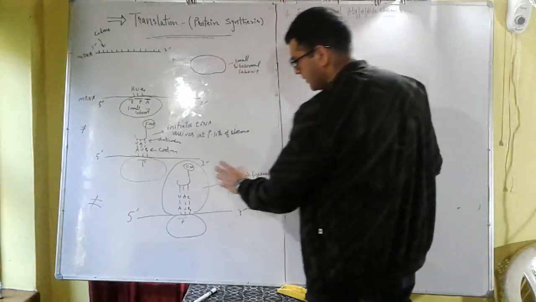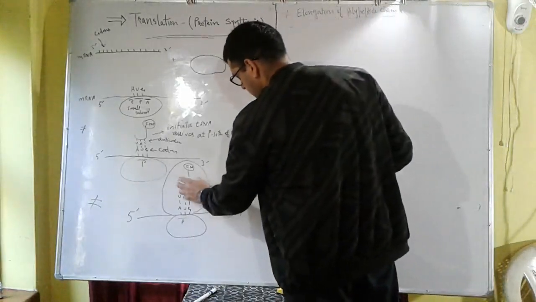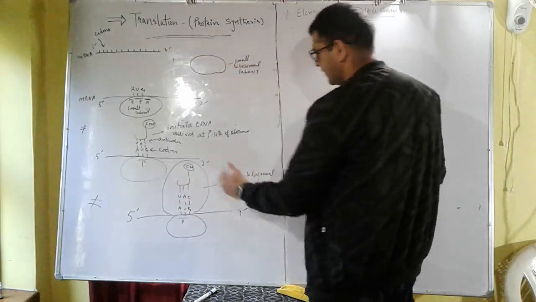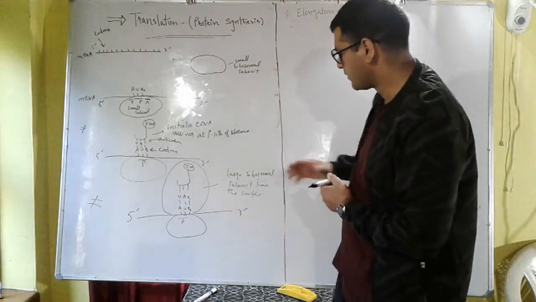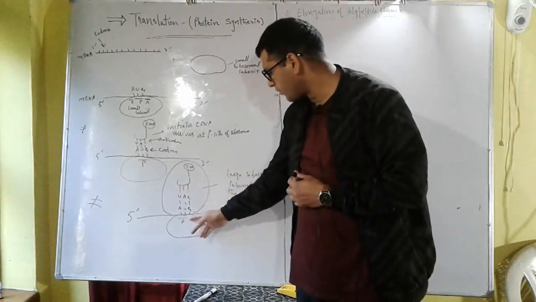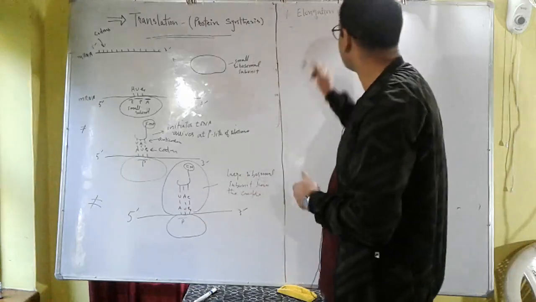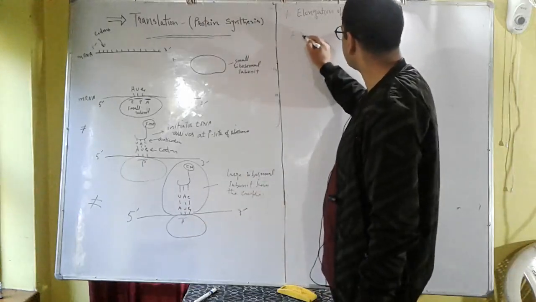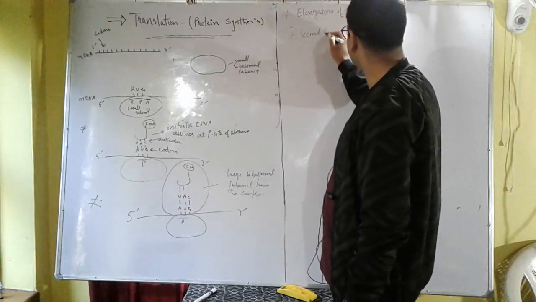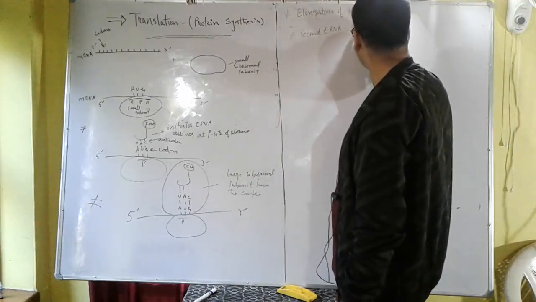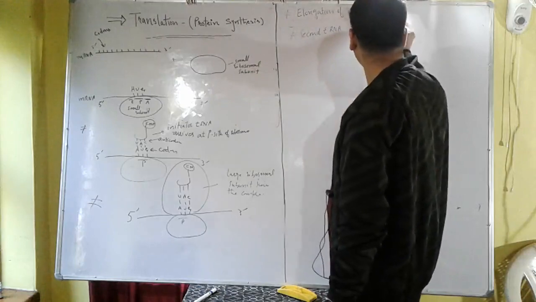Now another tRNA will come to the ribosome at the A site. This is the second tRNA, which arrives at the A site.